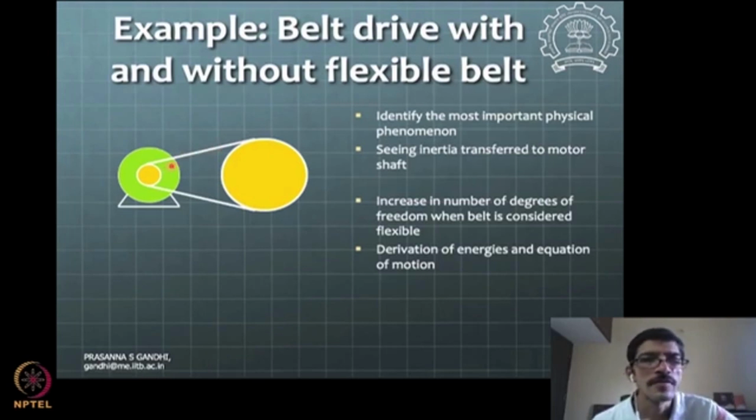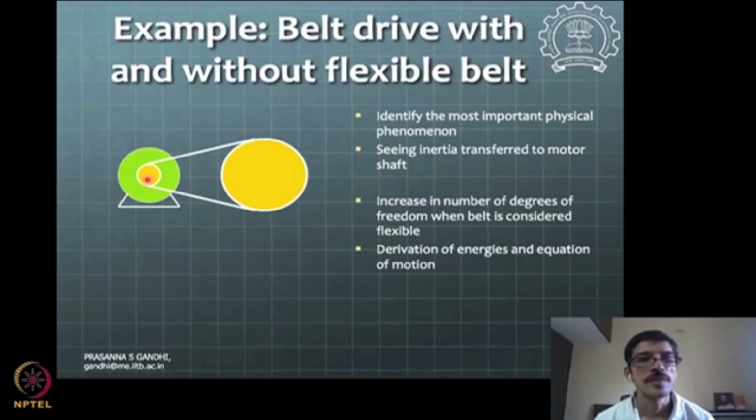When there is a flexibility or a spring here, whatever force is applied to the belt by the motor will result in tensioning or extension of this spring. And that's how theta for the load will no more be connected with theta for the motor directly. It is not like theta m upon n will give you theta l. That is not possible now, so these become independent degrees of freedom.